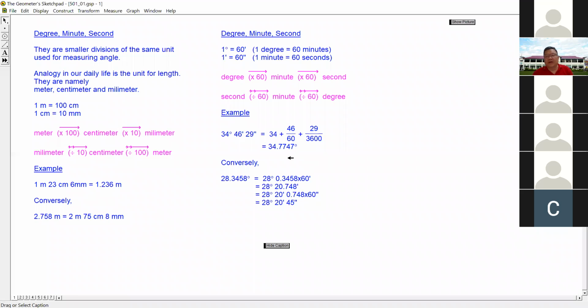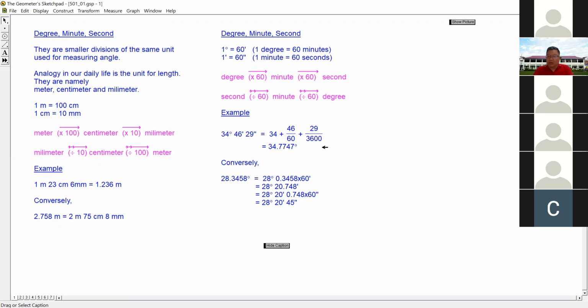Now if I want to change everything to degree, now how am I going to change to degree? Now this is the way: 34 plus 46 over 60. This is minute change to degree. Then 29 over 3600. This is second, we change to degree. Now as a result, when you calculate all this, you get 34.7747 degree.